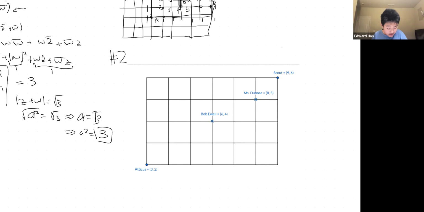After that, I would use a method called path counting. There are a few basic rules to it. Basically, you choose a starting point. In this case, the starting point is the Scout point, and you label that as 1 because there's one way to go there, and that's staying there.